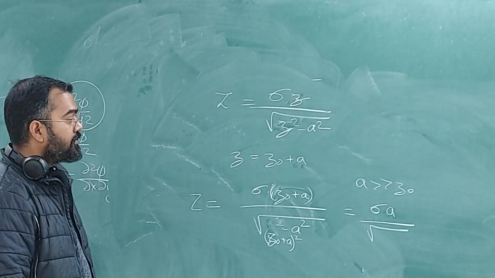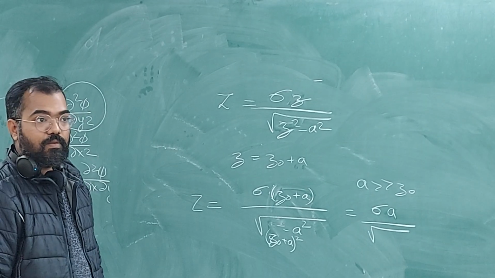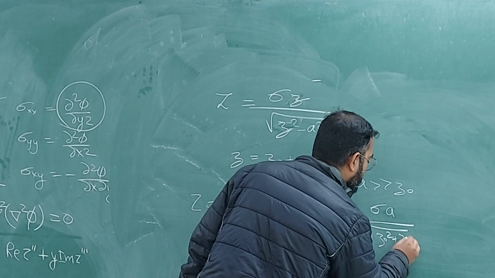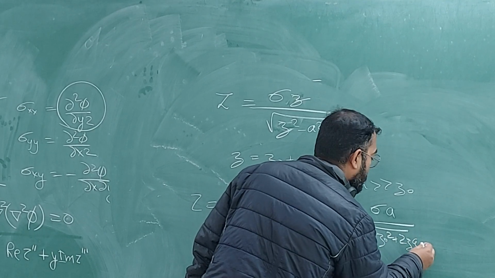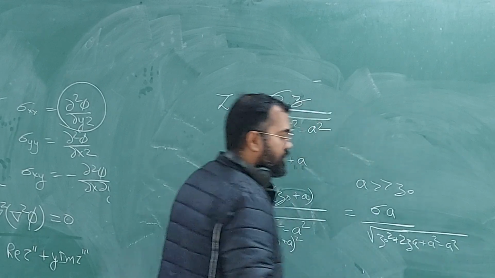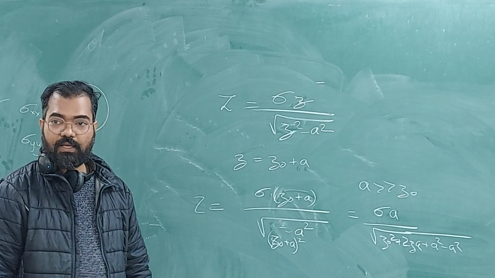So what will we have? Z0 square plus 2 Z0 a plus a square minus a square, right?